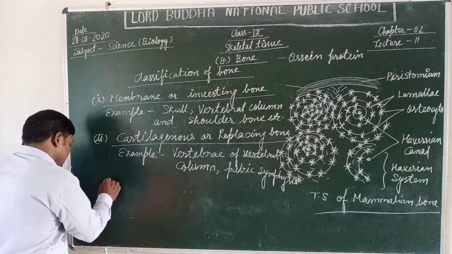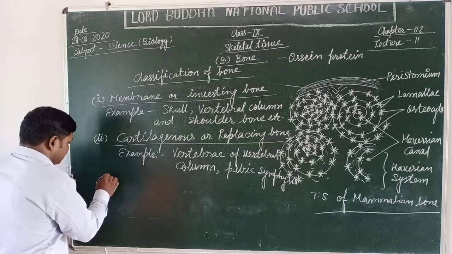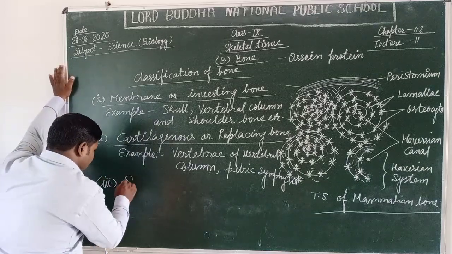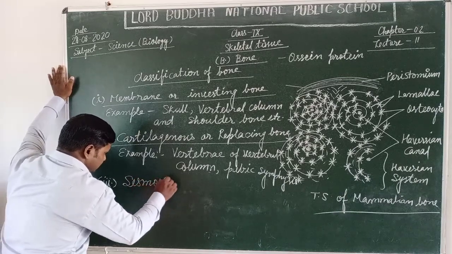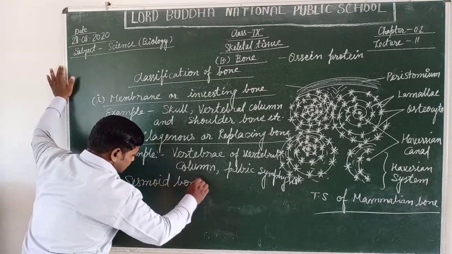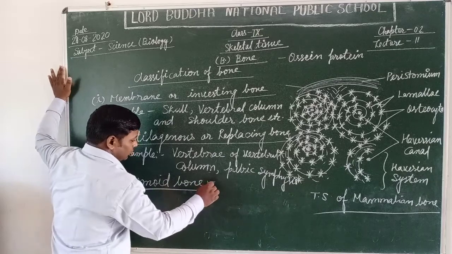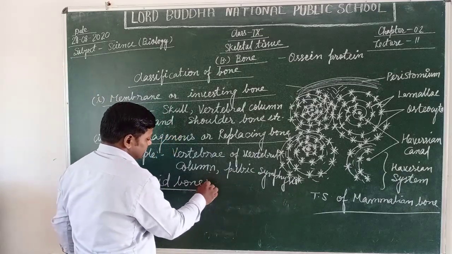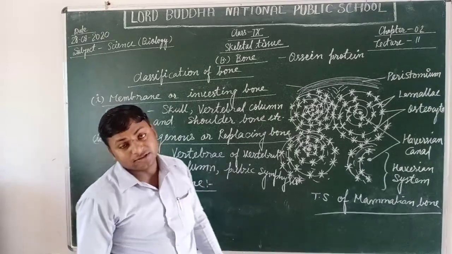Next, students, the last type in the classification of bone is called sesamoid bone. Such bones develop in the regions where tendons are present.